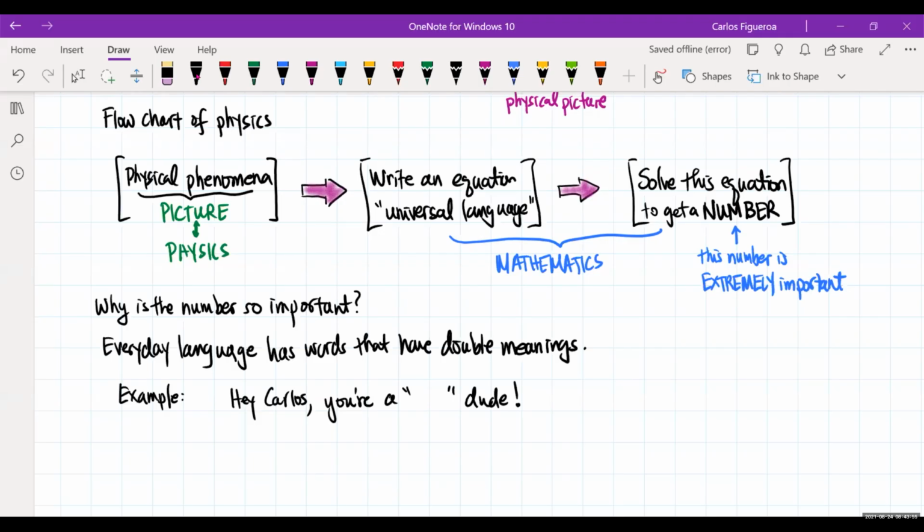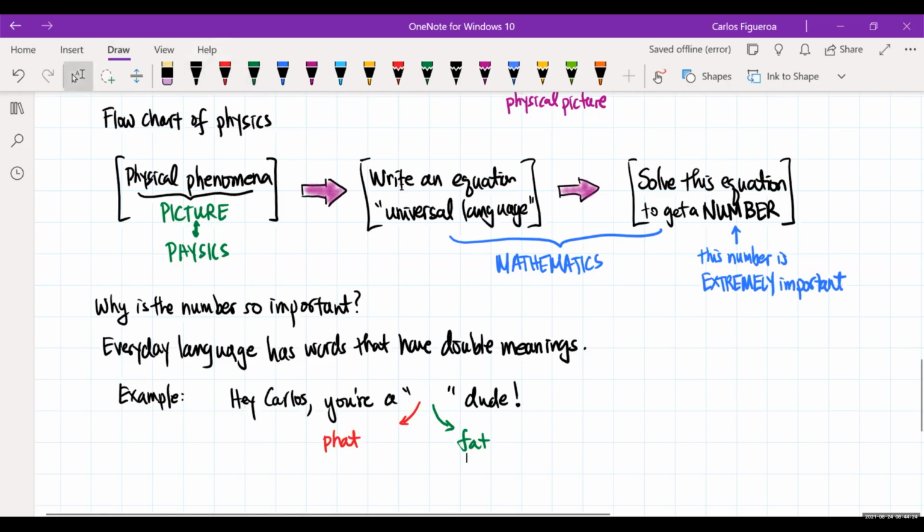Well, I know what I'm thinking. They probably mean P-H-A-T, fat, meaning that I'm a rad guy, I guess. Or they probably mean that, hey, you're a little thick on the waist here. But that makes that phrase ambiguous as to what the real meaning is.